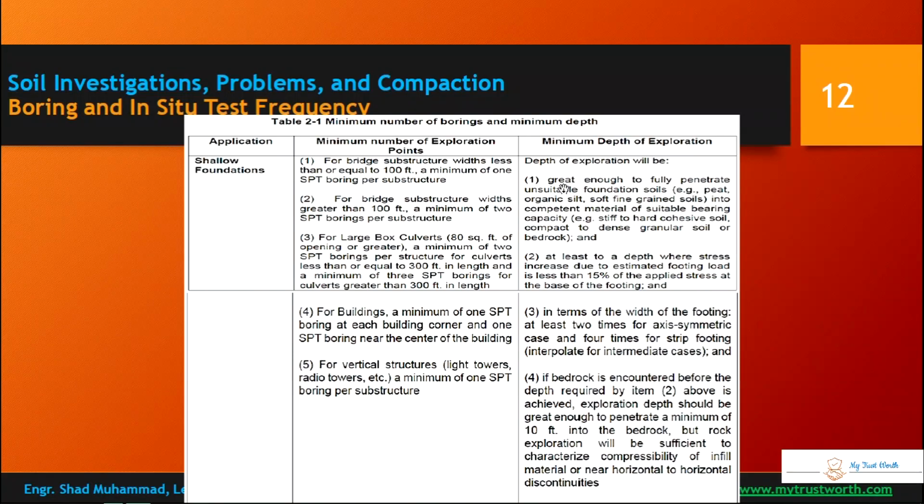So your depth should be great enough to penetrate through the weak soil and reach soil which has greater bearing capacity, a good soil that is stiff, hard cohesive soil, compact to dense granular soil, or bedrock.